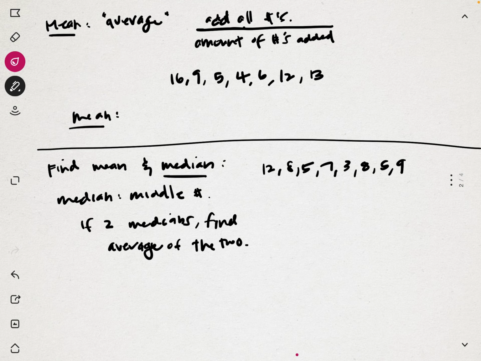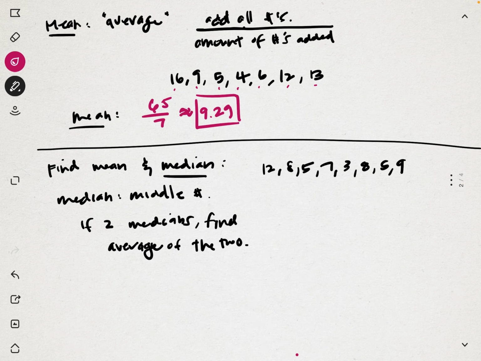So it's 65 over 1, 2, 3, 4, 5, 6, 7. So 65 divided by 7 gives us 9.29. And I should use squiggly lines because that's rounded.